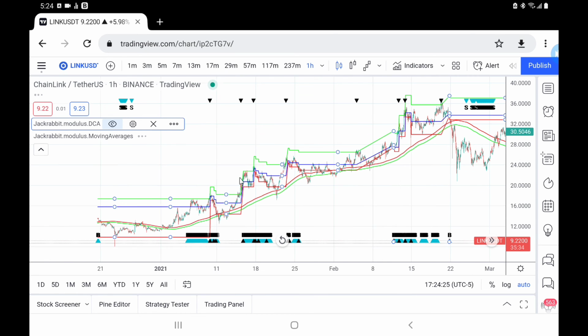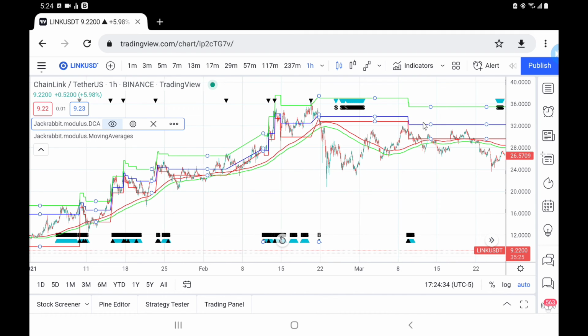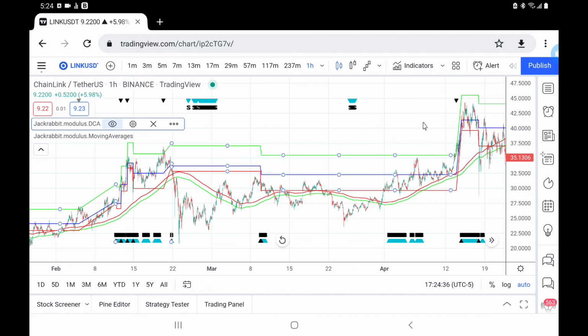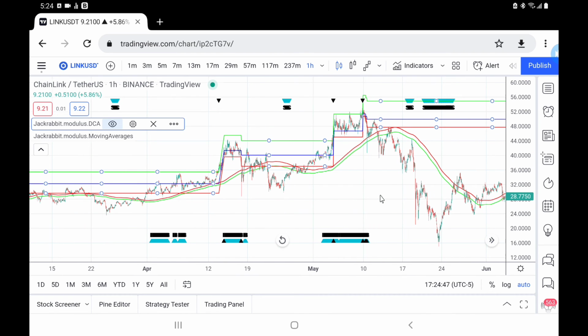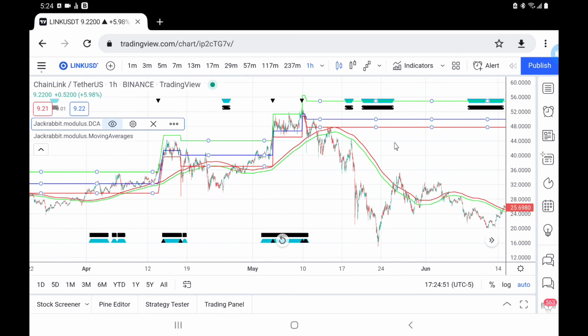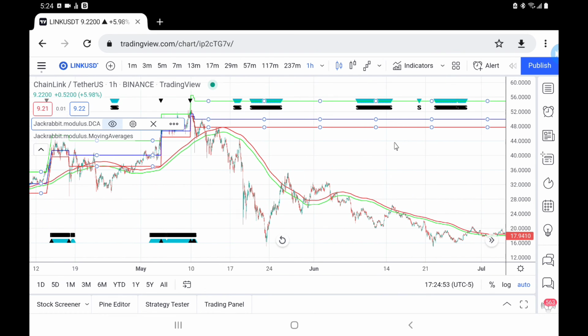So here we go. Nice little pickup. The bull market came in. We had the first market turbulence. Picked up again. And then we had the beginning of some very deep market down runs.